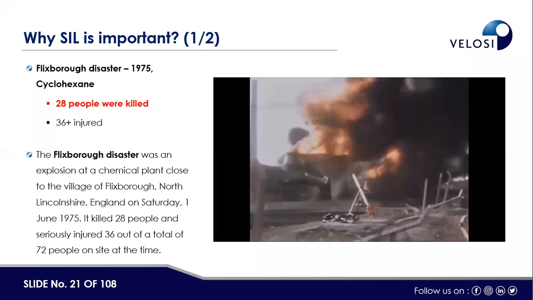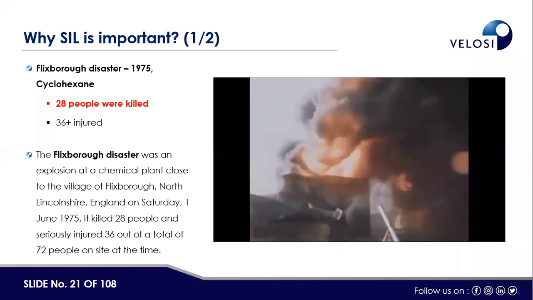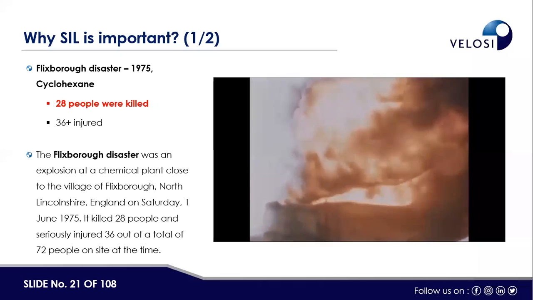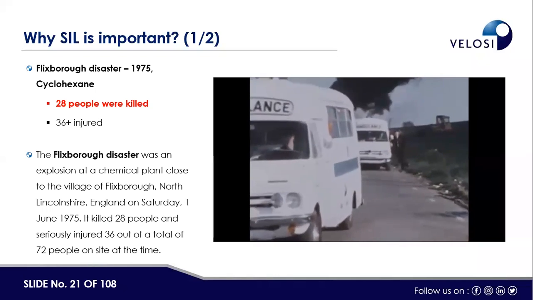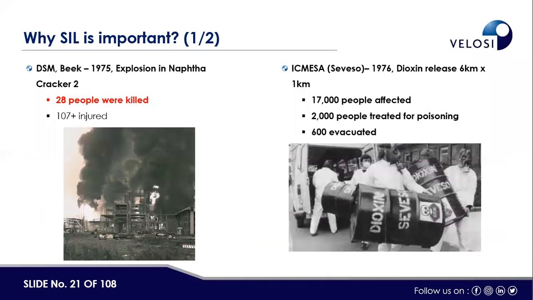The Flixborough disaster in 1975, where cyclohexane caused the disaster and 28 people were killed. The second one, in 1976, was a dioxin release over a 6 kilometer by 1 kilometer area, where 17,000 people were affected, 2,000 people were treated for poisoning, and 600 were evacuated.